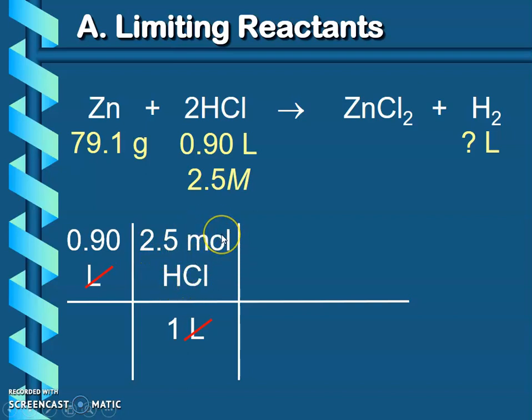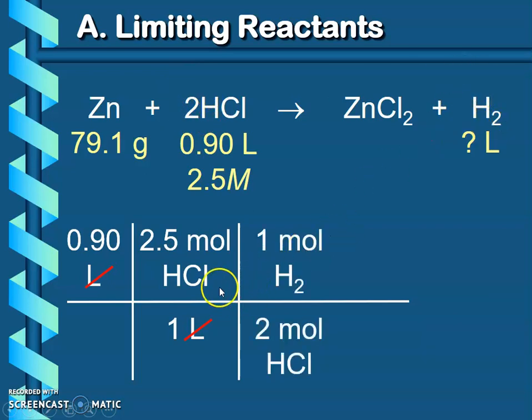I'm at moles. I'm ready for that key step, that mole to mole ratio. And I see that I have 2 moles of HCl to 1 mole of hydrogen. My moles of HCl on top, moles of HCl on the bottom to cancel off. Now I'm at moles of hydrogen, so now I'm at my unknown, which is good. But I need my final answer to be liters.